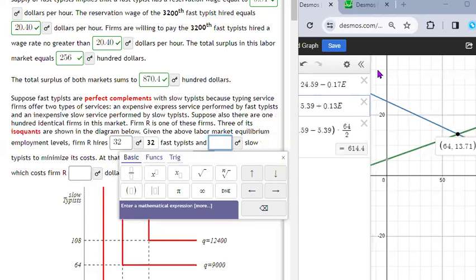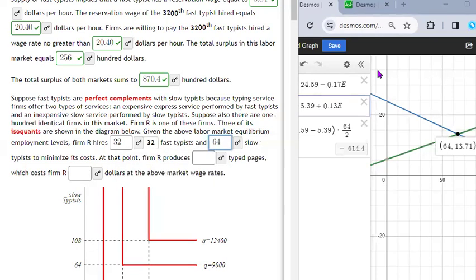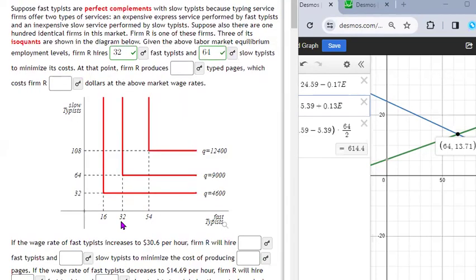So each one of the identical firms, and there are 100 of them, is going to hire 32 fast typists and 64 slow typists. So altogether, they produced 9,000 type pages, which cost the firm what?